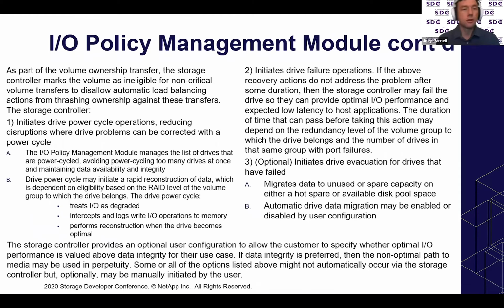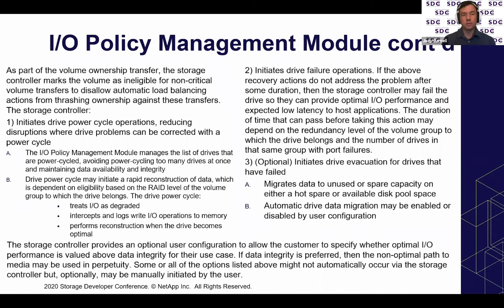This is an eye chart, but there's a lot to unpack here. In any asymmetric storage controller system you have volume transfers, and some of these volume transfers must occur, while others are kind of optional.